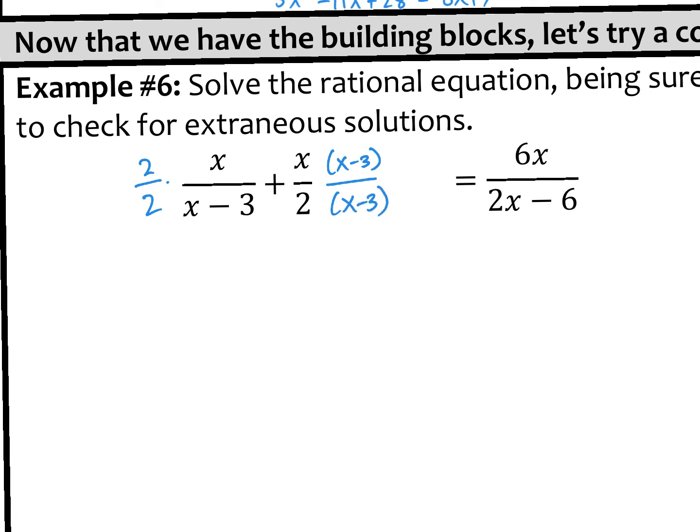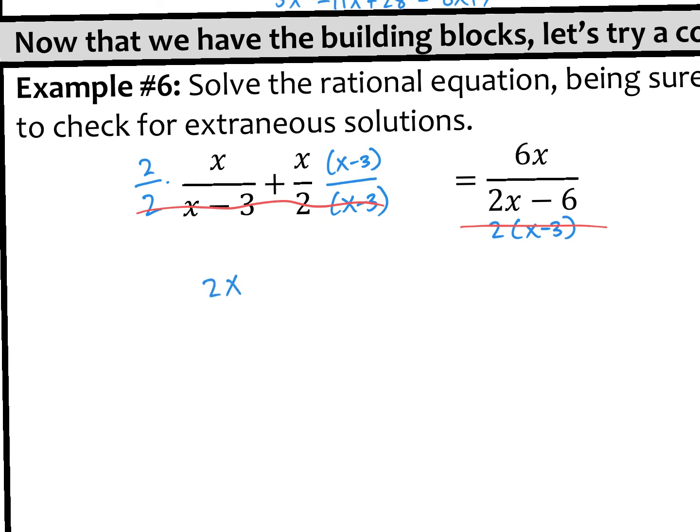If I were to factor on the right that GCF of 2, I'd have 2 times x minus 3. So that means we do now have the same denominator on both the left and the right. Once I have the same denominator on the left and right, I can multiply times that number, and it ends up canceling it.